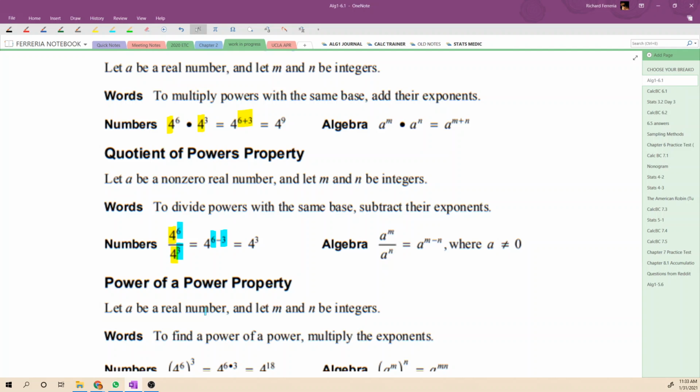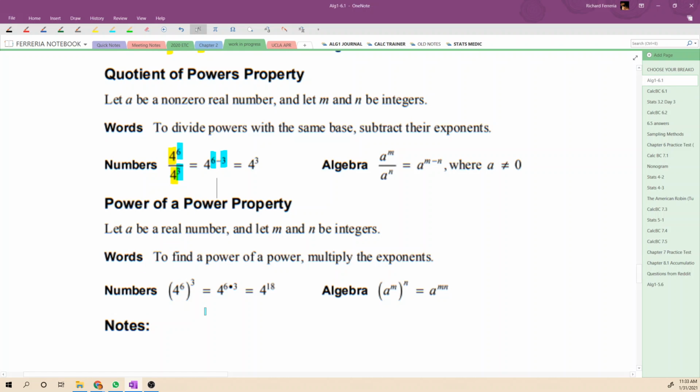So 4 to the 6th over 4 to the 3rd is 4 to the 6th minus 3. If we have the power of a power, like 4 to the 6th to the 3rd power, we're going to multiply the powers. So we've got 4 to the 6th times 3, which is 4 to the 18th power.